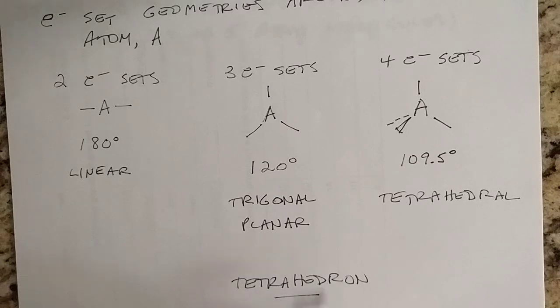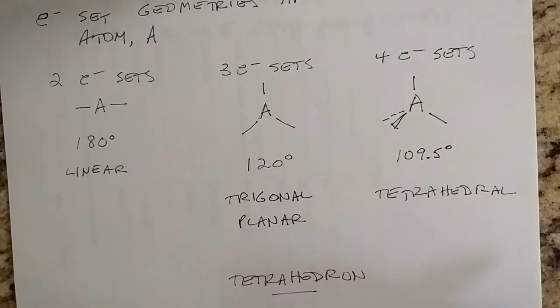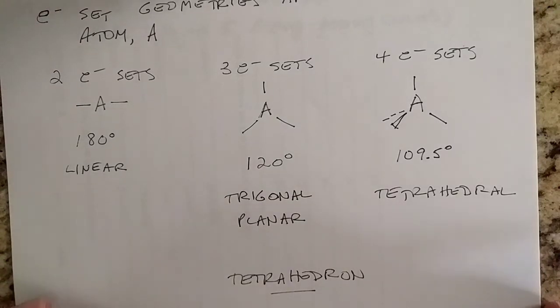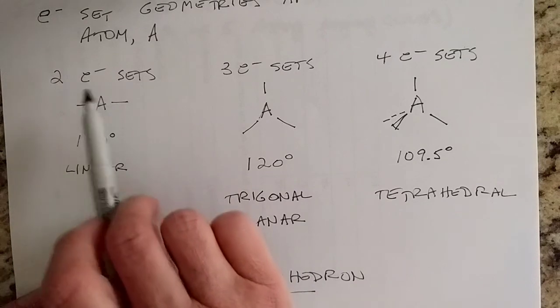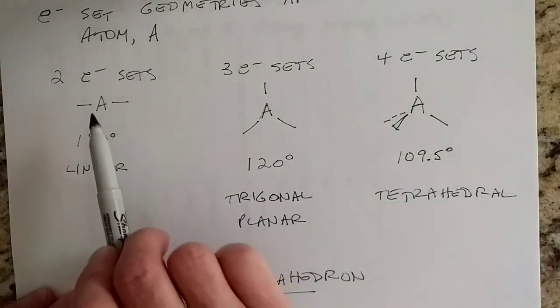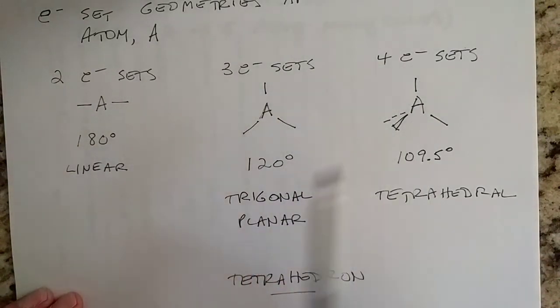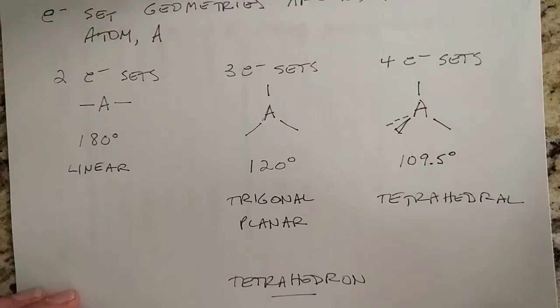So you might want to Google that and see what a tetrahedron looks like. It's a figure that has four faces and they're equal triangles. Okay, so this is important: our three electron set skeletons and our electron set geometries with their corresponding angles.